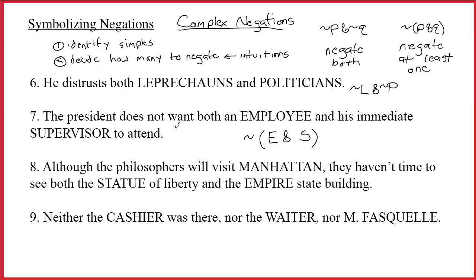Now, I'm confident that if you heard this sentence in conversation, you would know exactly what it means and you would act appropriately. But when people symbolize, somehow they forget about their intuitions. And I think what happens over and over again is people see the word both and they say, oh, that's got to mean negate both. Unfortunately, it's not that simple. This pattern over here really says that not both of them are true.